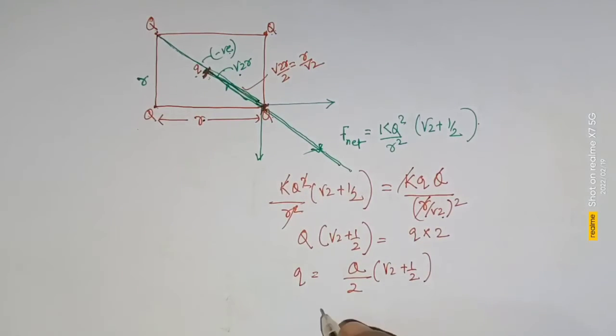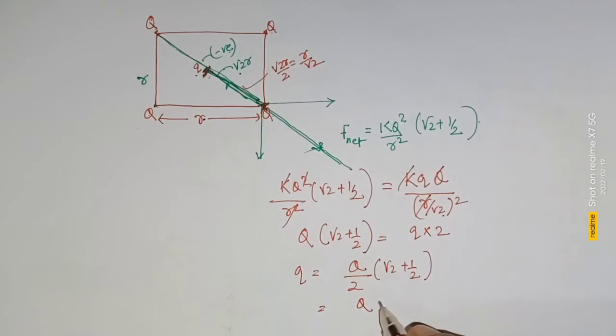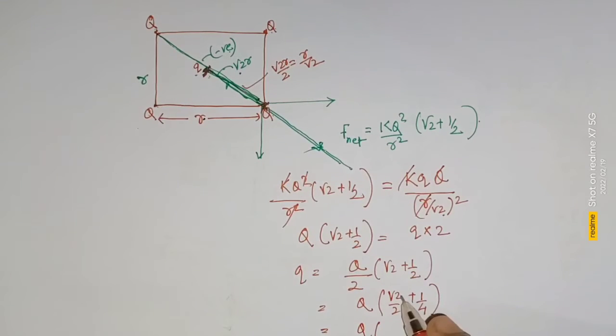If I simplify these things, this is Q root 2 upon 2, root 2 by 2 plus 1 by 4. A little simplified more: this is root 2, here I multiply root 2, here I will multiply root 2. So this is 1 by root 2 plus 1 by 4.